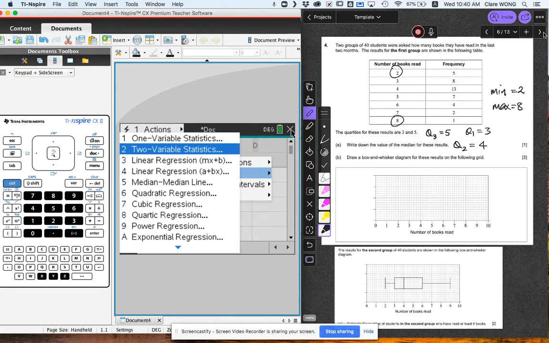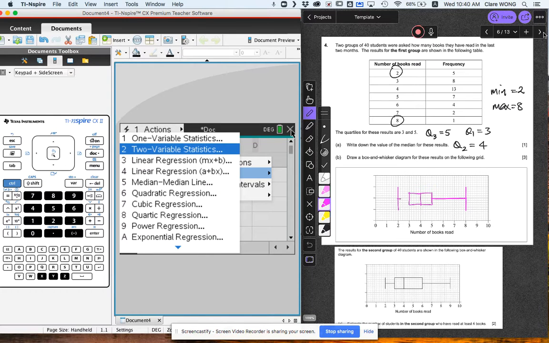It's harder for me on my screen, so I'm just going to do it by freehand. So the minimum is at 2, the maximum is at 8, the Q1 is at 3, so I'm just going to do half of it. 4, 5. This would be the plot.